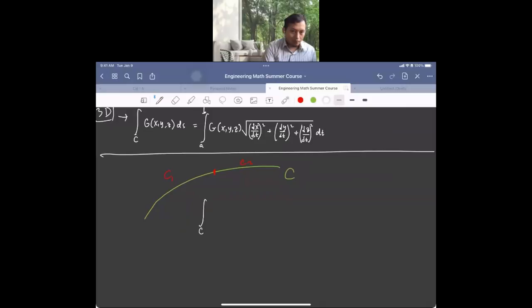So we could say the line integral over C1 plus C2. Of course, C1 and C2 depend on the interval in the parameters.